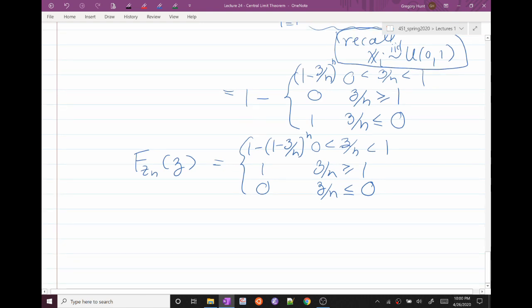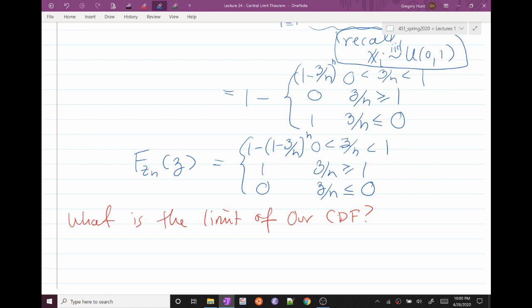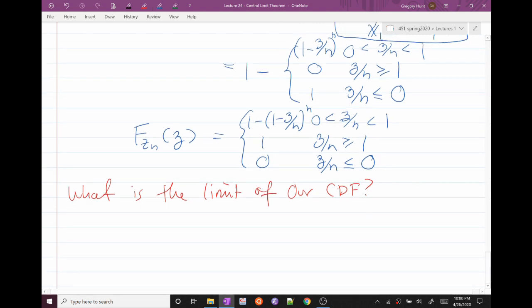So what's the limit of our CDF? Whatever the limit of that is, we're effectively going to converge in distribution to that if it has a reasonable limit.